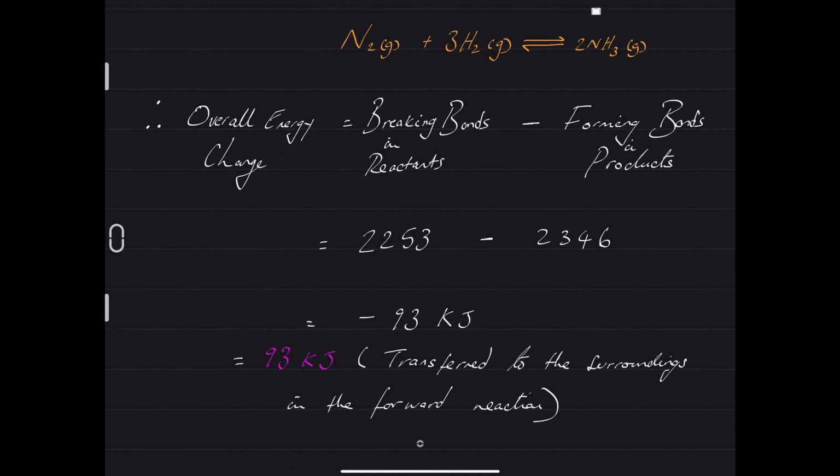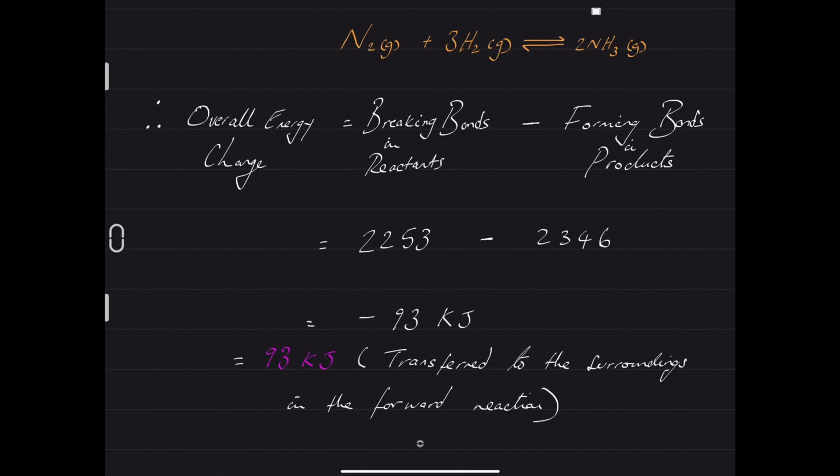Following the equation through, you get minus 93 kilojoules. Now the minus value indicates that it is an exothermic reaction. That's what it is telling us. So therefore, when we talk about the energy, we say that minus 93 kilojoules is what we're left with.